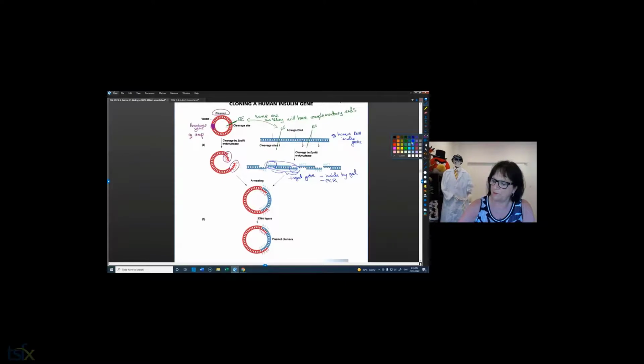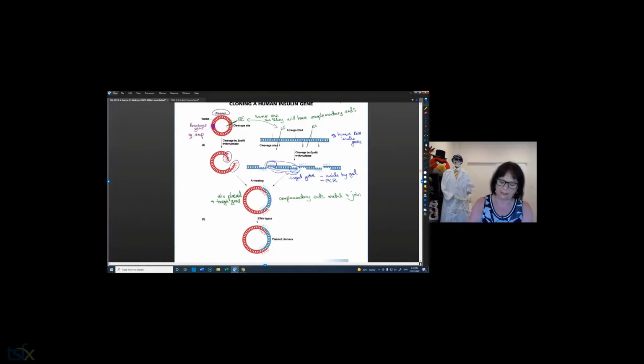So we're going to mix the plasmid, which has been cut, and the target gene, which is our insulin gene. And as you can see, the complementary ends will join because they match.